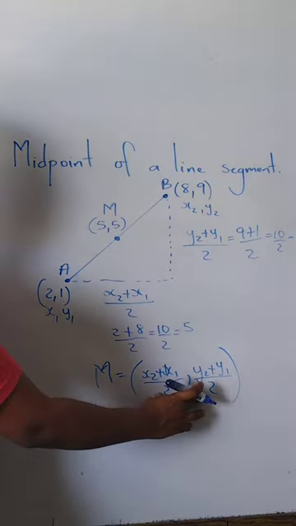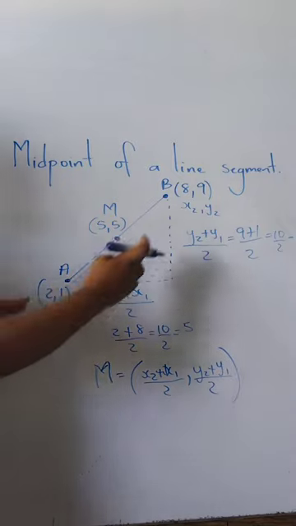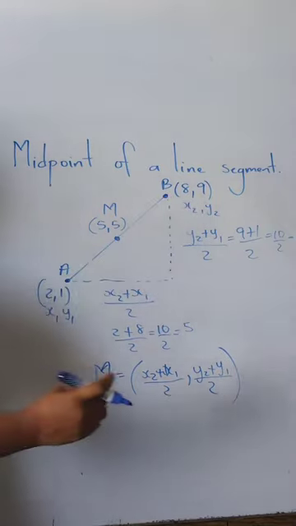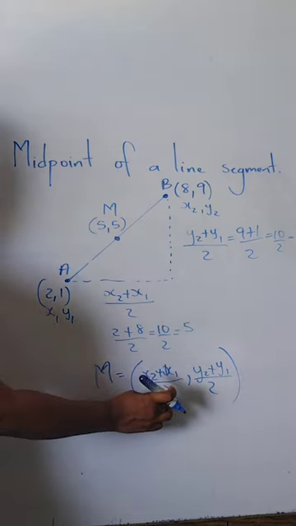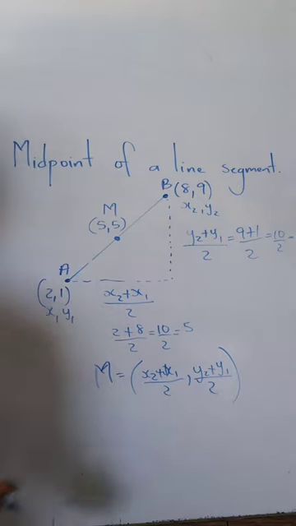So this little formula is what all of this up here is all about. If you have the endpoints of any line segment and you want to find the middle, we add the two ends of x divided by 2, add the two ends of y divided by 2, and represent our coordinate.